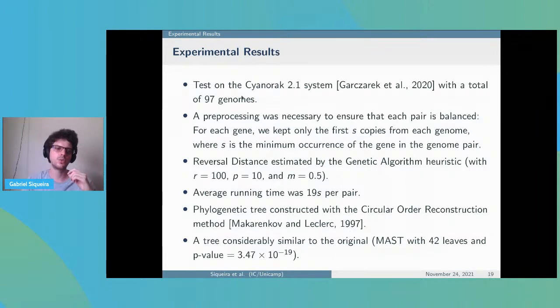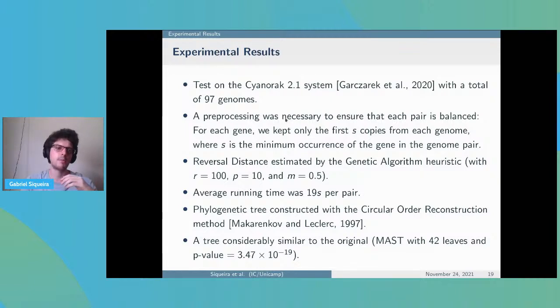We also performed some experiments on real genomic data coming from the Synology 2.0 system that contains a total of 97 genomes of cyanobacteria. We use our heuristics to calculate the reversal distance between every pair of genomes, but as we are dealing with real genomes, they are not necessarily going to be represented with balanced strings.